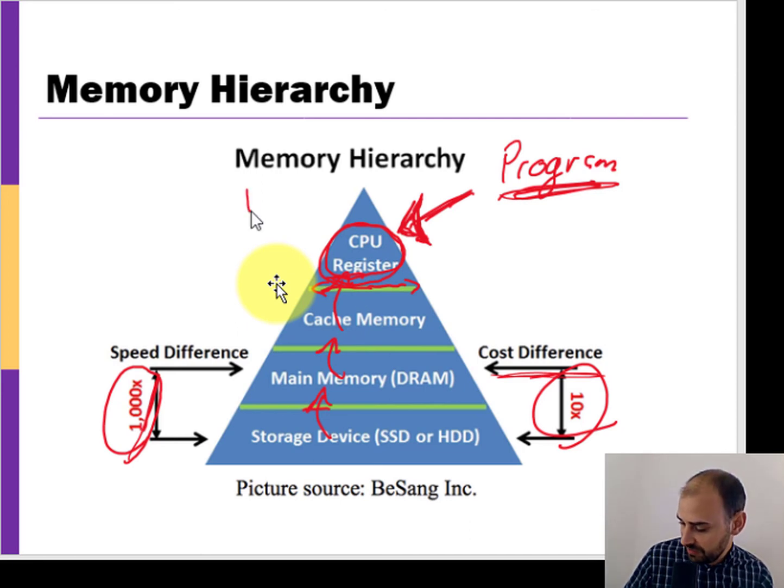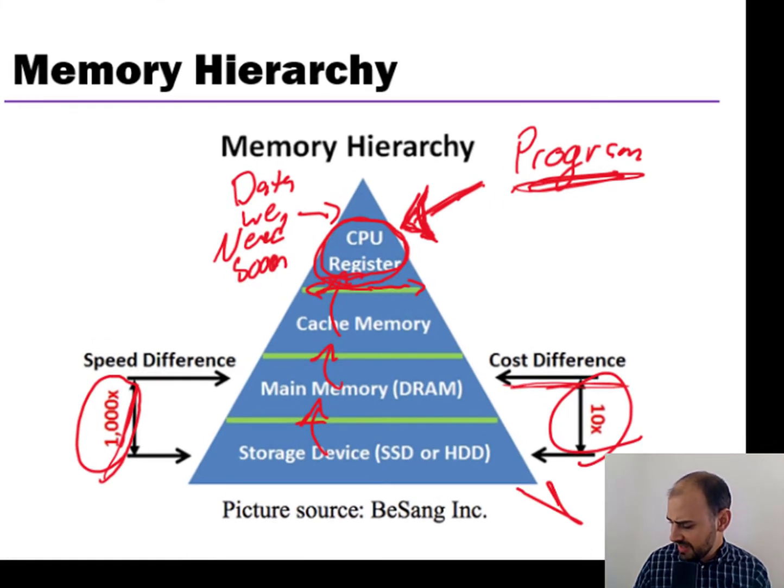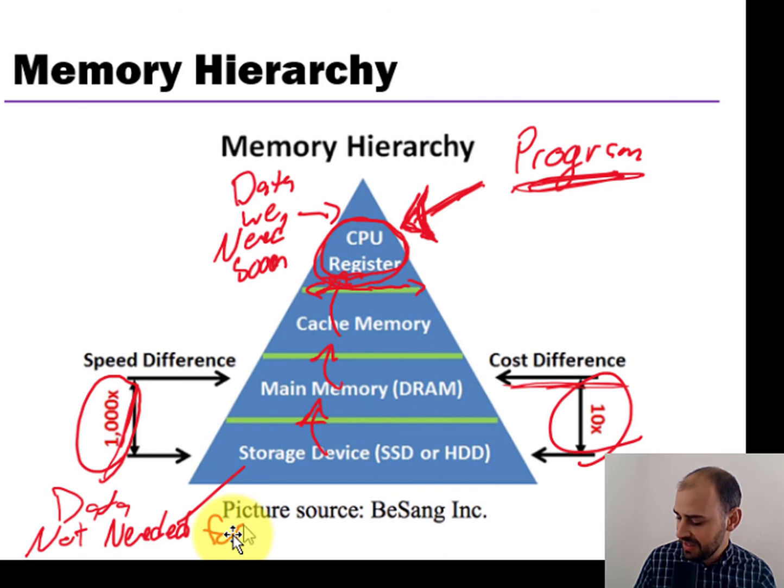So the data we need soon or very soon goes up here, and further down the hierarchy is data that is not needed for some time.